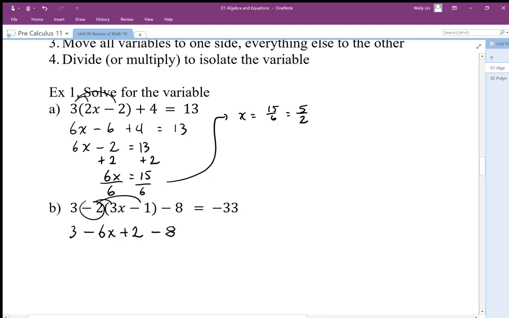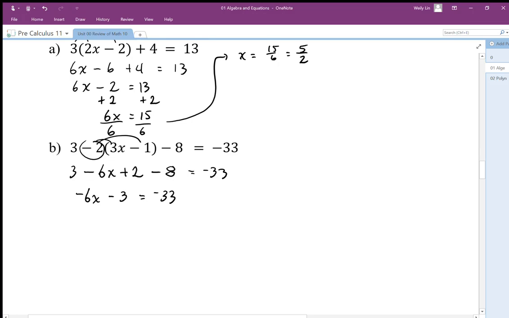And again, keeping track of your positives and negatives is really important. That's where most of the mistakes happen, when you lose track of positives and negatives. So I'm going to group my terms. So this is a negative 6x plus 3 plus 2 minus 8 gives me minus 3. And we record that negative 3.